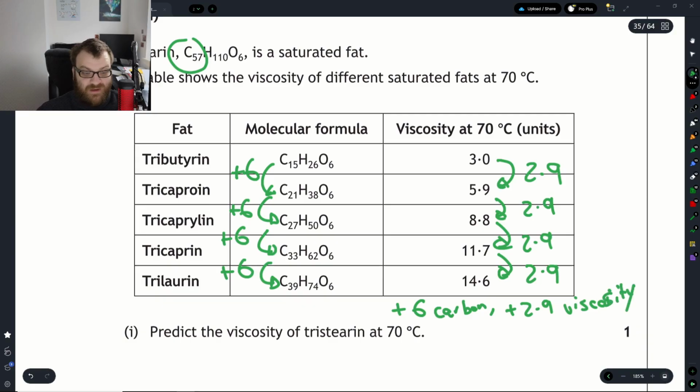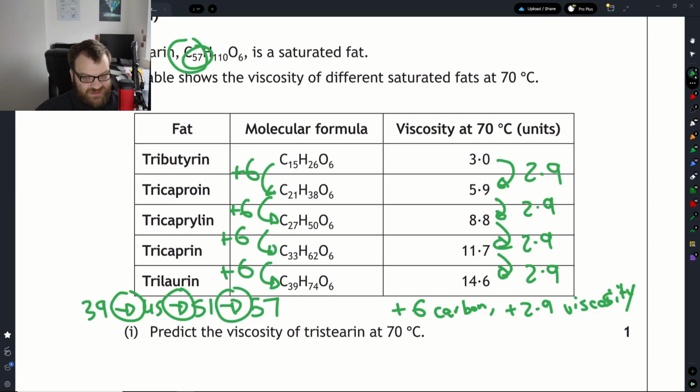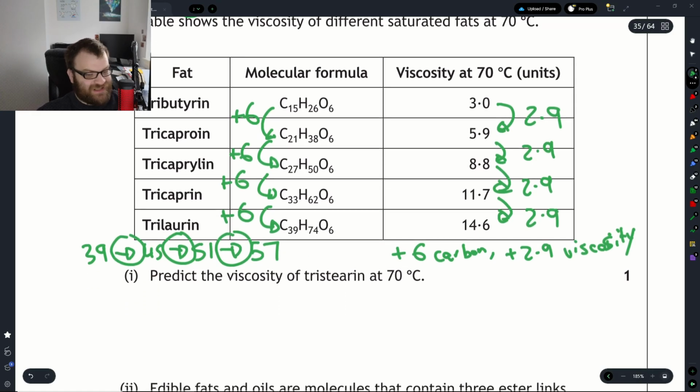Okay. We are going up to 57. This means that, well, if we're at 39, 1 jump would be 45, 2 jumps would be 51, 3 jumps would be 57. So we are going up by 6, 3 times. Means that our answer is going to be 3 2.9's greater. You can either just do it step by step, putting in the numbers.